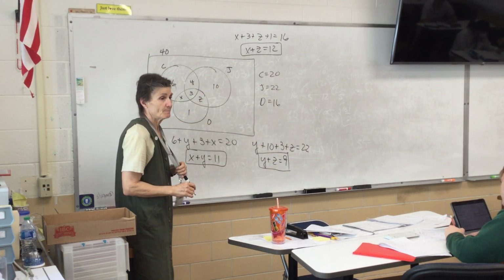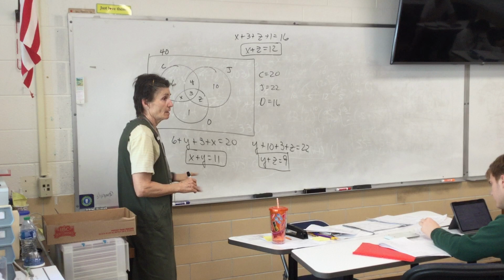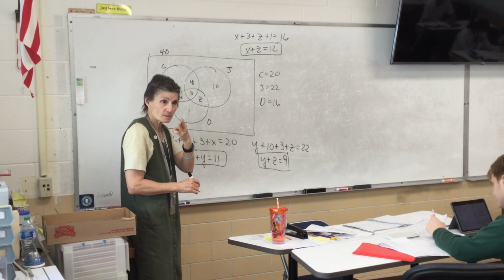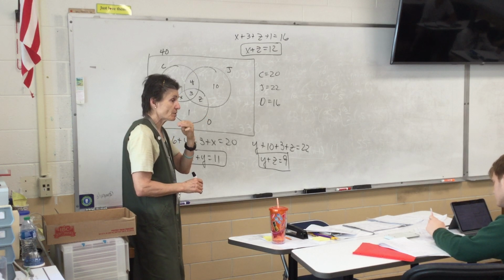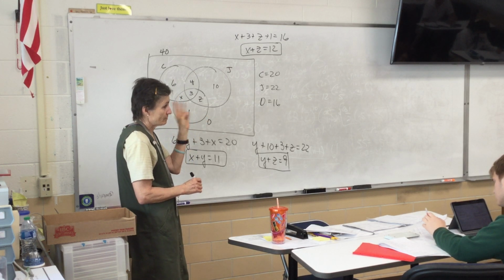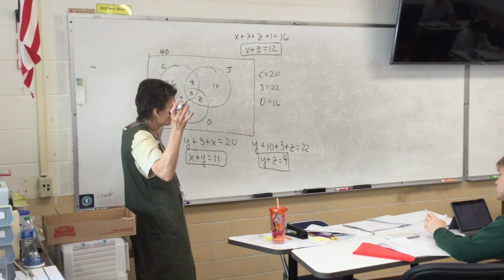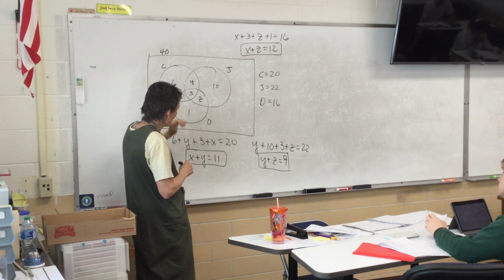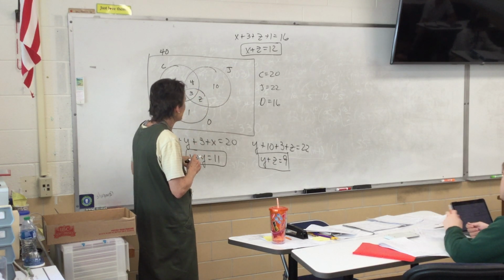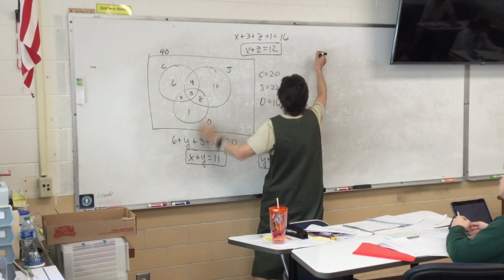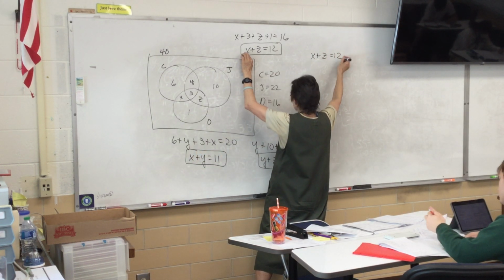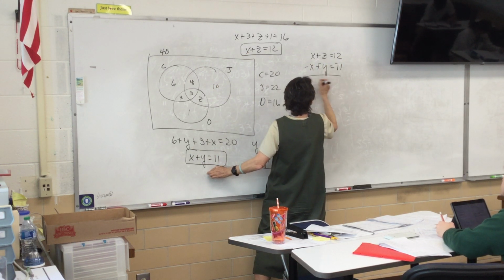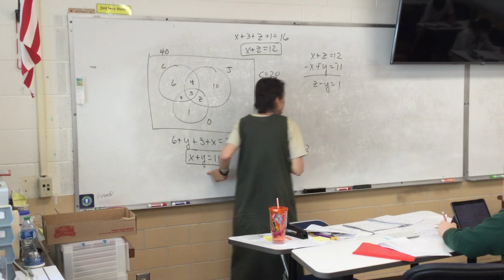So what am I left with here? A system of 3 equations and 3 unknowns. You could put all this into a matrix if you wanted to. Any way you want to solve it, you can solve it. These equations always come out easy to eliminate. I'm randomly picking one to eliminate X, and I get Z minus Y equal to 1.